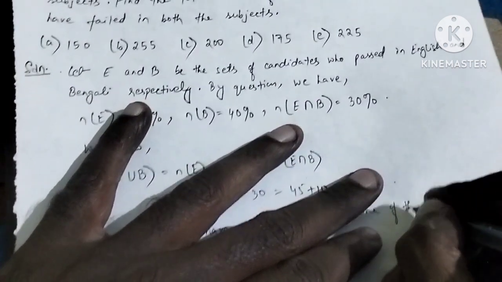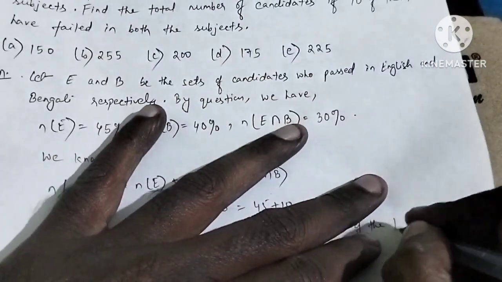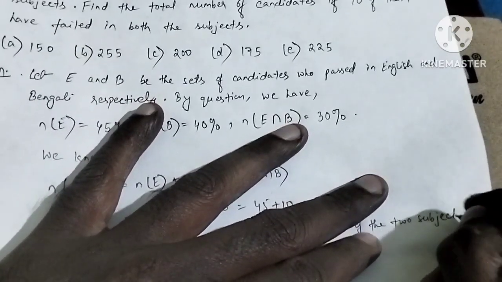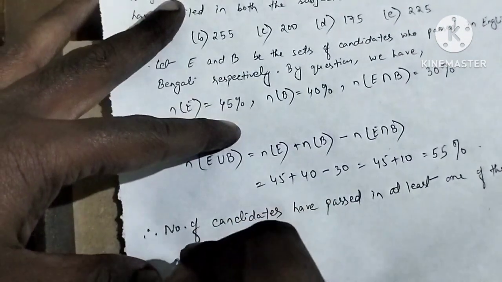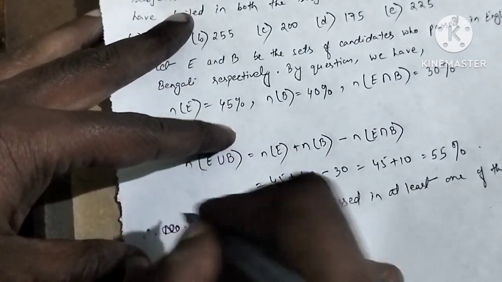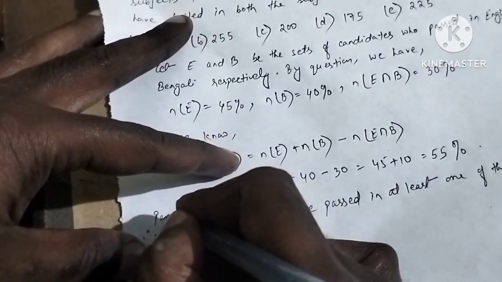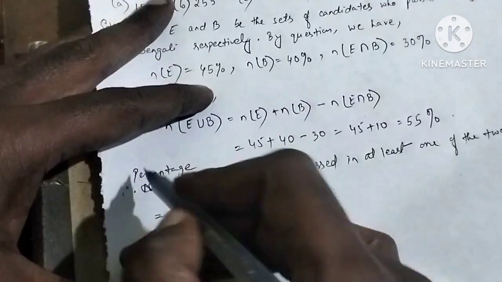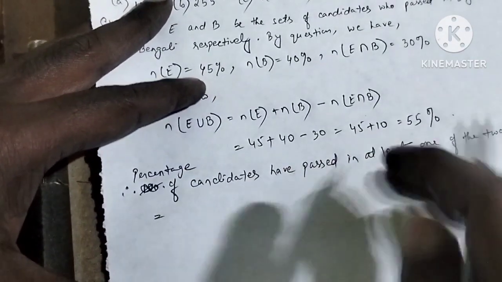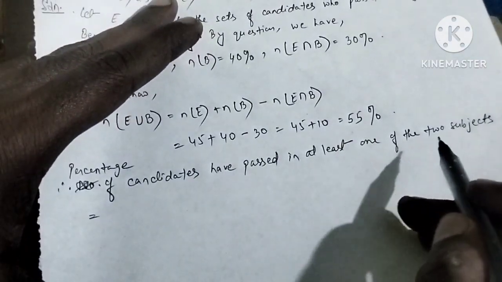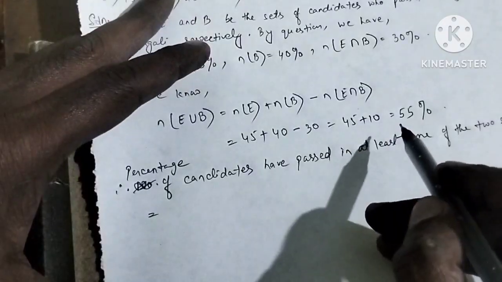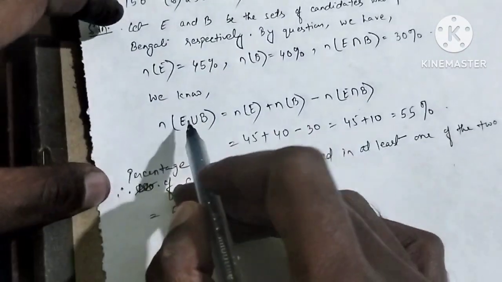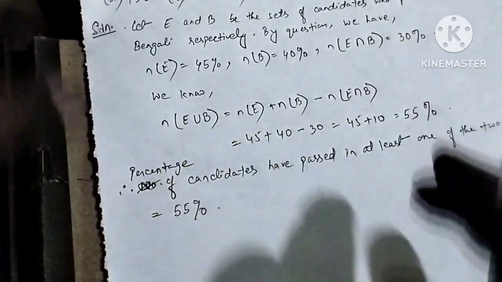Sorry, this will be percentage. The percentage of candidates who have passed in at least one of the two subjects is 55%, English or Bengali.